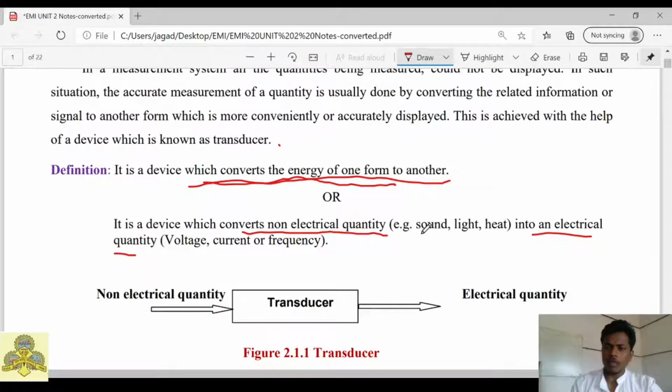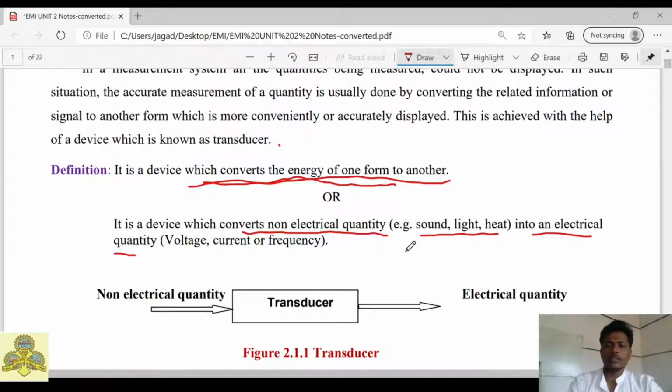For example, any sound, light, or heat converted into an electrical quantity, then that device is called an electrical transducer. To give an example, in the first demo we have seen mechanical energy converted to electrical, that is one example. And one more, we have an earphone with a mic.